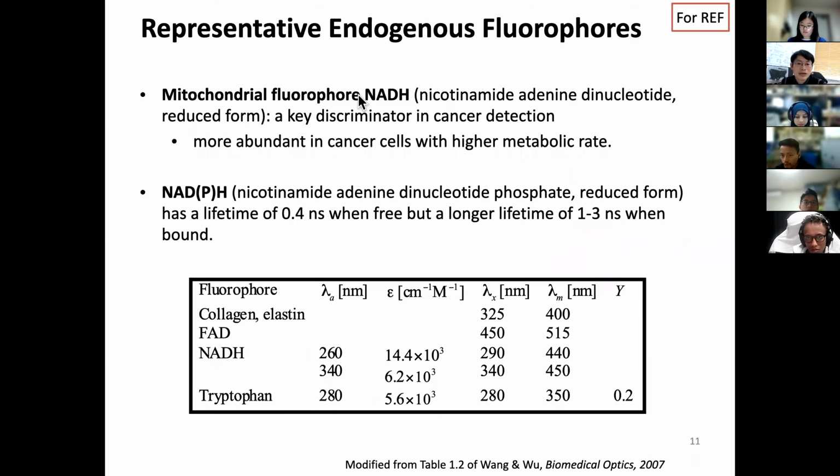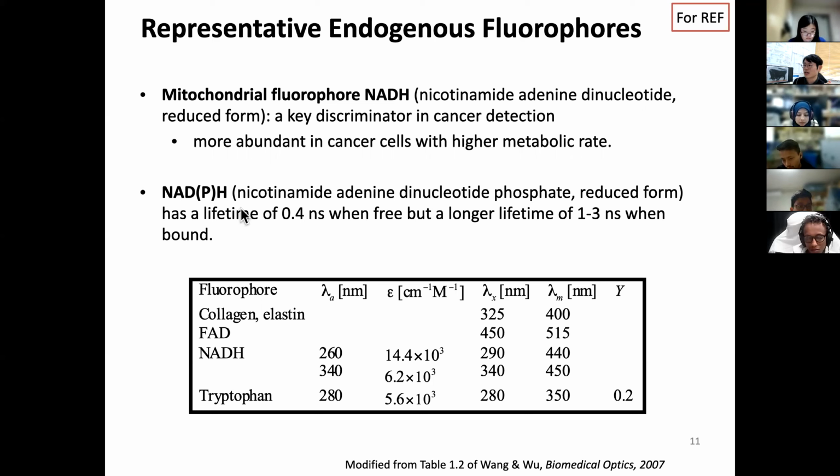And this is a reference. I just want to provide you information. When do we use fluorescence? Are there any endogenous fluorescence? The answer is yes. Our biological tissue and cells contain a mitochondrial fluorophore called NADH. It's actually abundant in cancer, so sometimes you can use it for cancer detection. And there's NADPH, which is a reduced form.